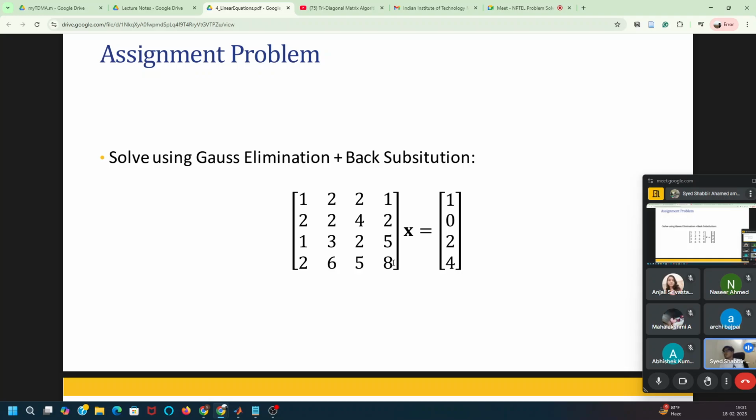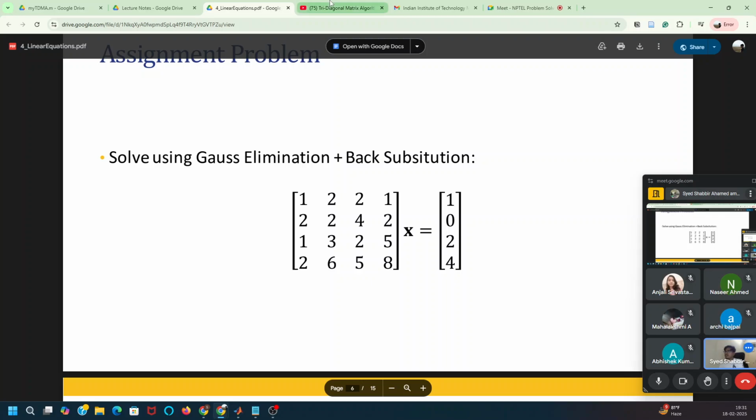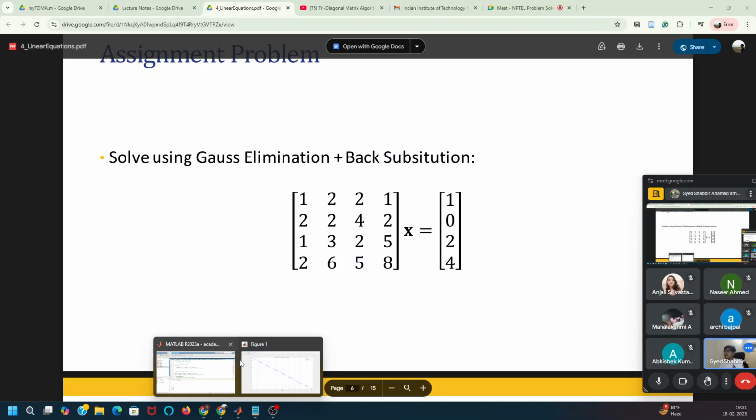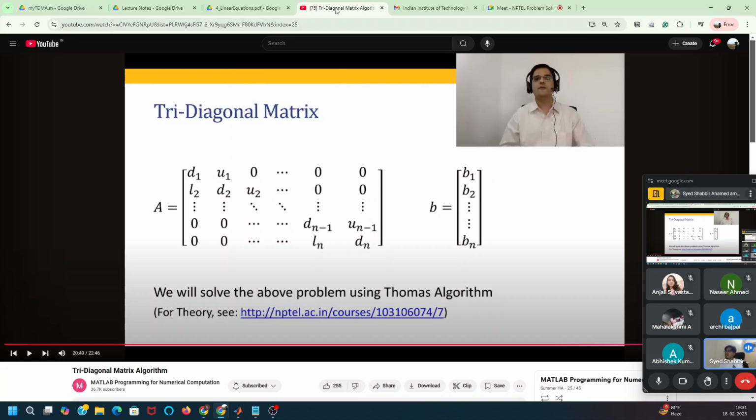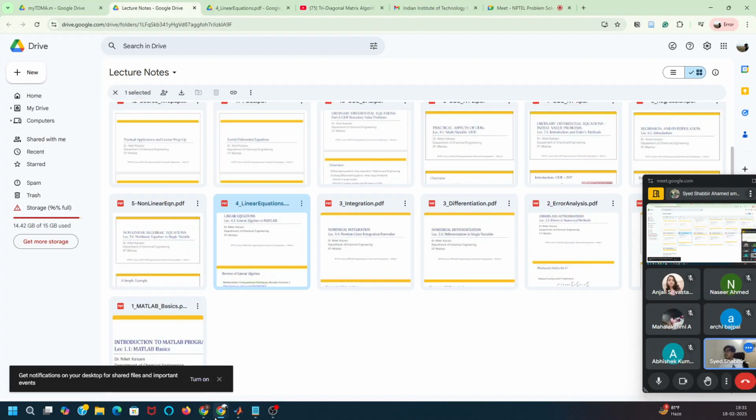Then you will substitute x4 in this, and using that you can get x3, then x2, and then x1. So that is what back substitution does. So that's how we solved everything which we have seen using Gauss elimination.